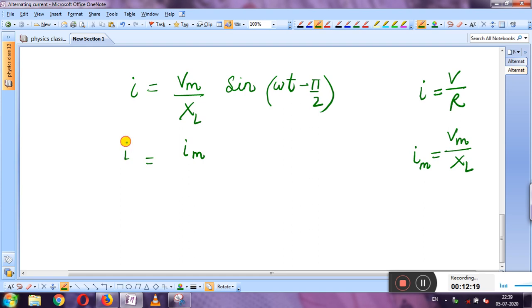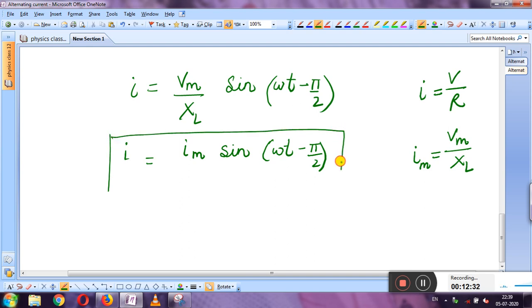So we can write I is equal to Im sine (omega t minus pi by 2). This is your final expression for alternating current in an inductive circuit.